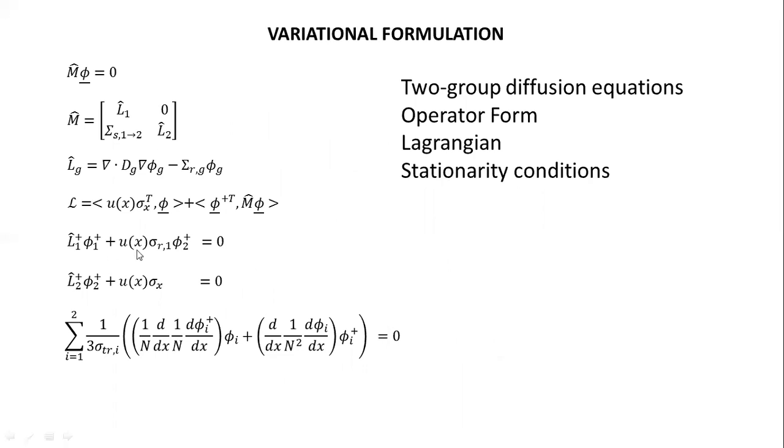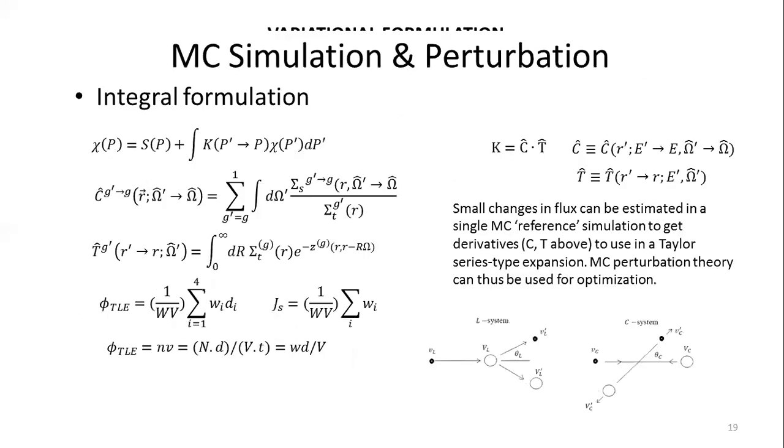Now in these kind of problems, u is not separate, it's inside. So it's not as simple as what I just showed you, but the idea is the same and the methodology remains the same, that you use the equations, you cast them into a Lagrangian form, and you try to obtain stationarity conditions which help in obtaining an optimal solution.